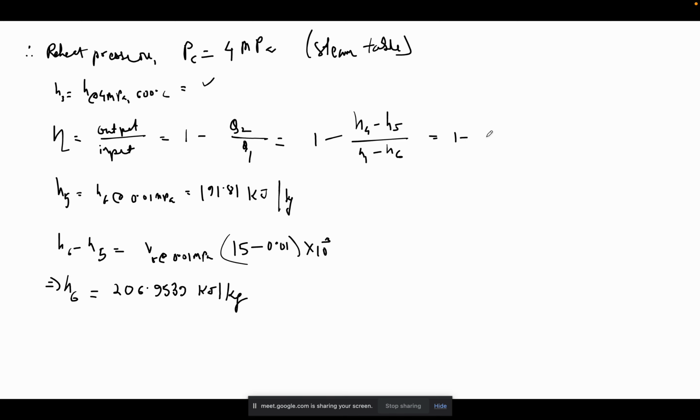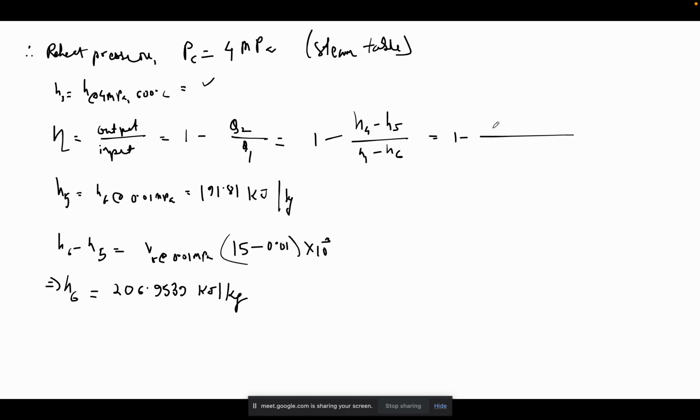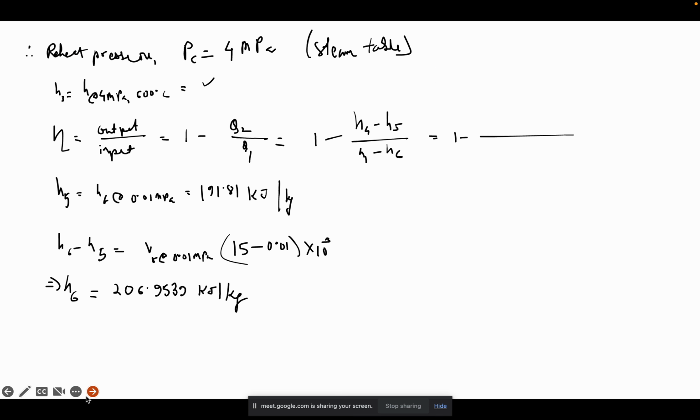So I'll put all these values here. 1 minus H4 minus H5. H4 is 2364 minus H5, which is 191.81.